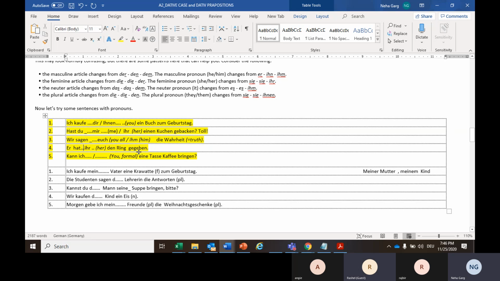Now, first thing, don't get confused why gebacken, why gegeben. These are present perfect tenses, which is another topic we are going to learn after a few classes. Second thing, Rajveer, if we have written den Ring here, what is the actual nominative article for Ring? Is it masculine, feminine or neutral?